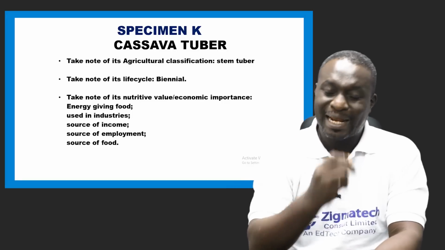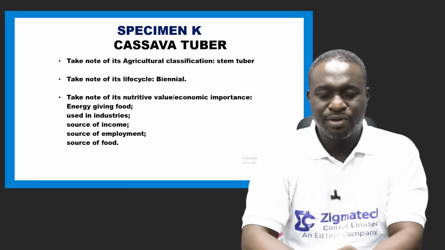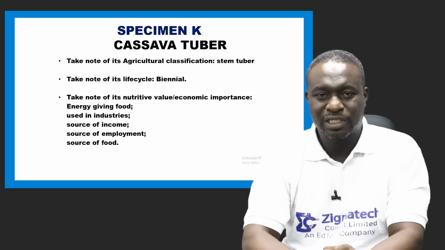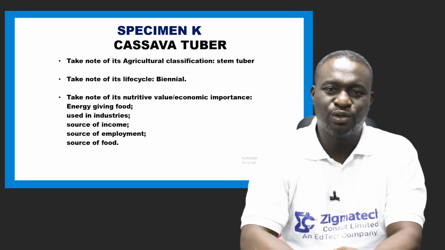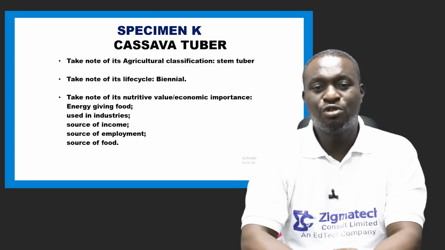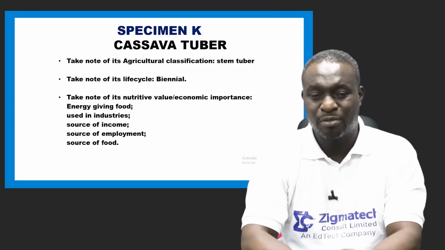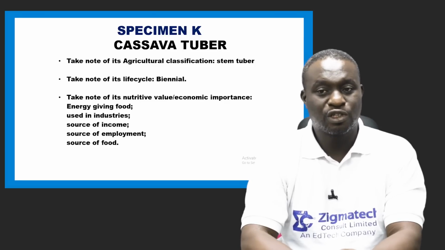And then also the life cycle is biennial. The reason we say biennial is because it completes its life cycle within 2 years. Please also note that cassava is rich in starch, and it's a source of carbohydrate. It's rich in carbohydrate, and also a source of energy.